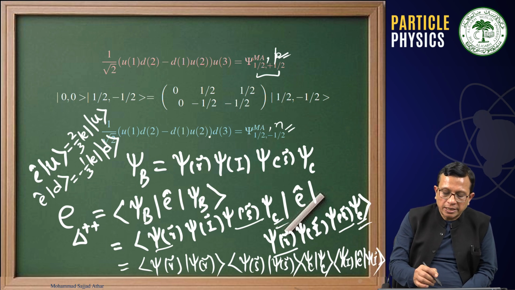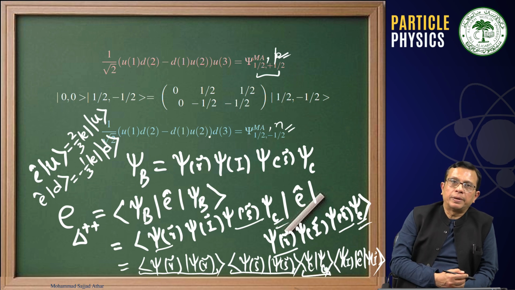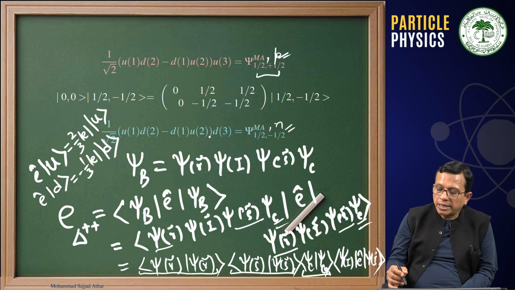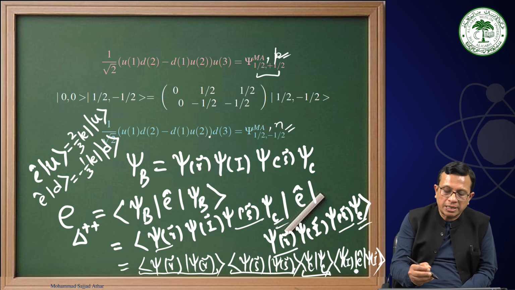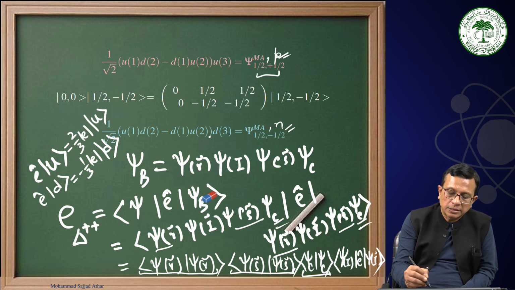And you see, these are all normalized wave functions. These values will be 1. Baryons are color singlets.